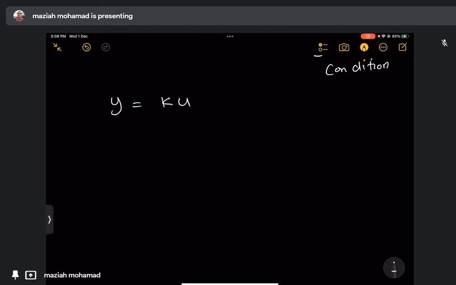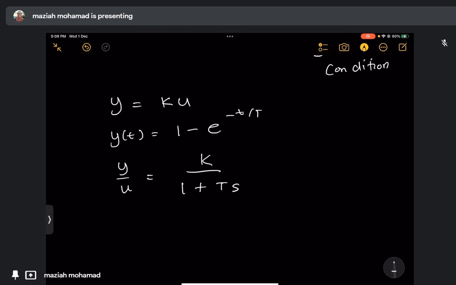Okay. The equation is y(t) equal to 1 minus exponent negative t over T. The transfer function Y over U is equal to K over 1 plus Ts.